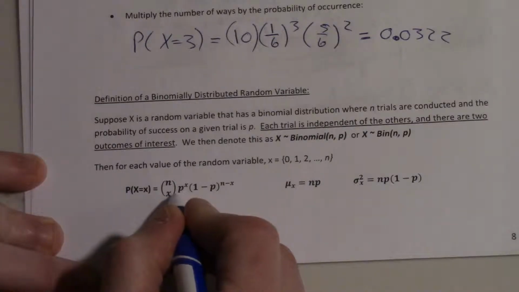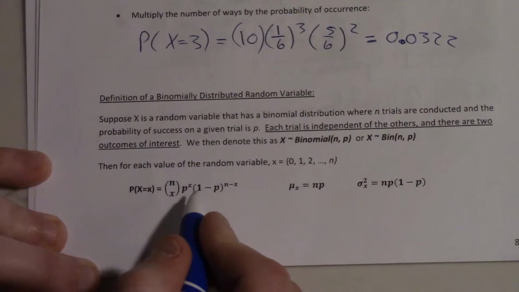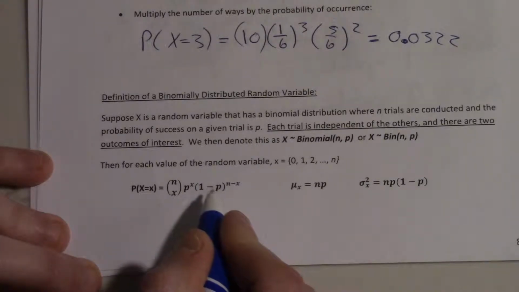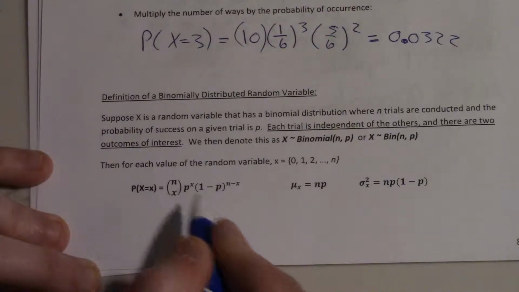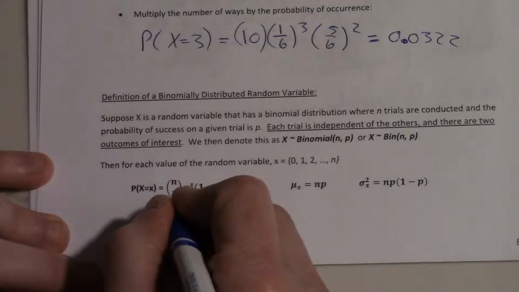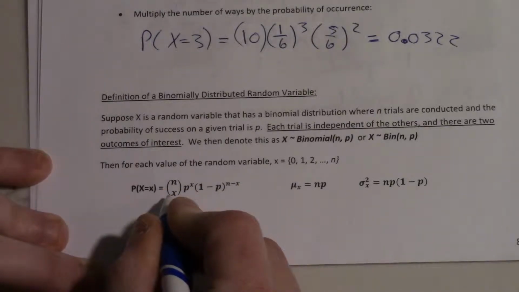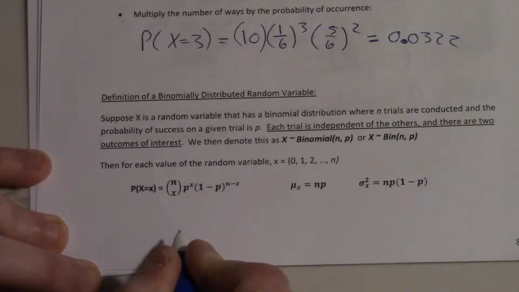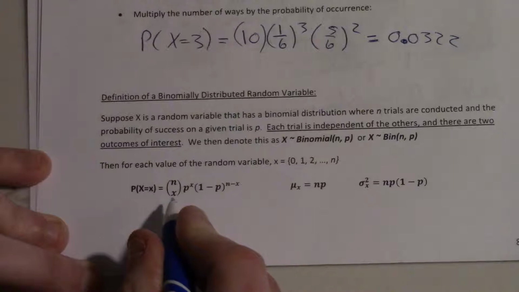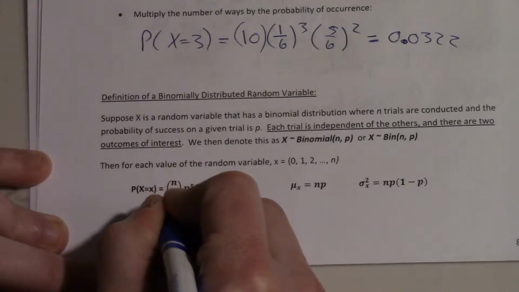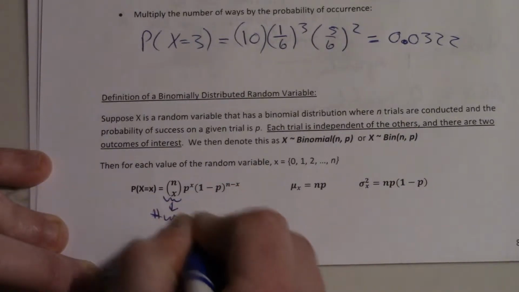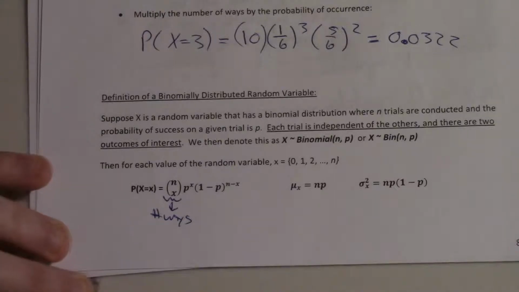So it looks kind of odd. It's kind of complicated. We won't do it by hand, but we can sort of see the pieces. This first piece, this is not a fraction. There's no horizontal line here. This is a way of denoting combinations. So this piece here gives you the number of ways, the number of combinations you can see.